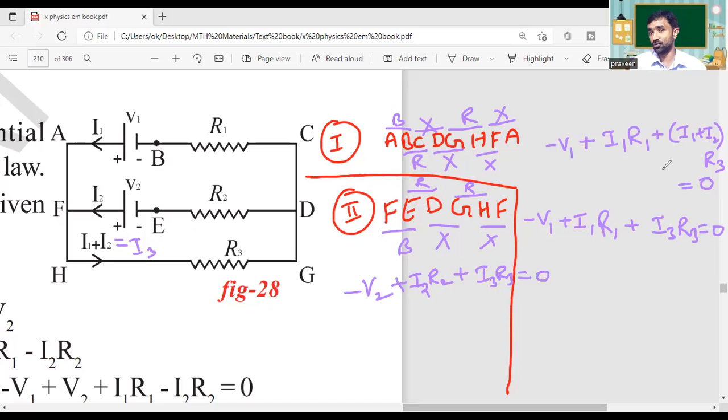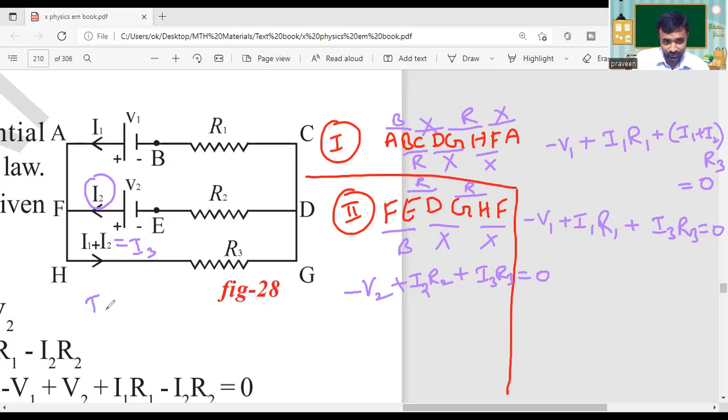You are unable to solve this equation because three different currents exist. So you need to replace one of them. How do you replace? Here I am able to replace I2. How can I replace I2?